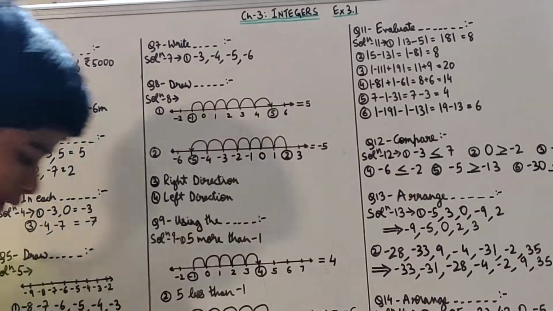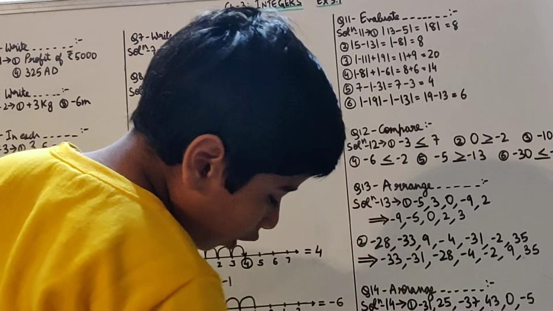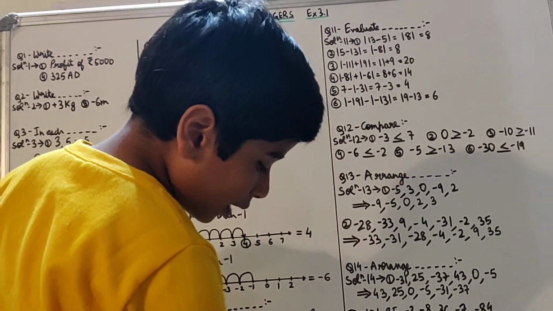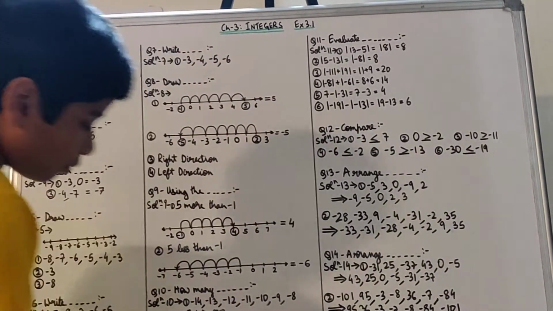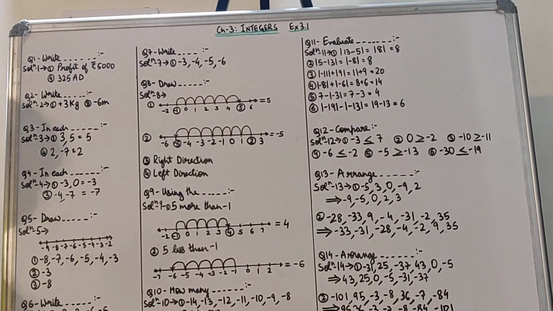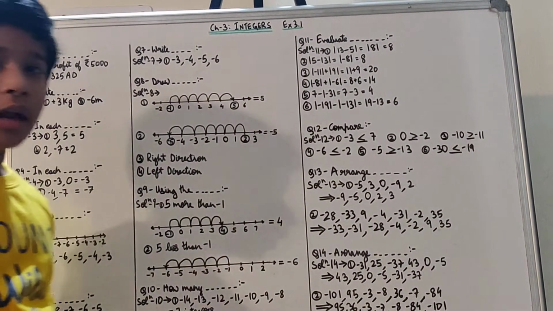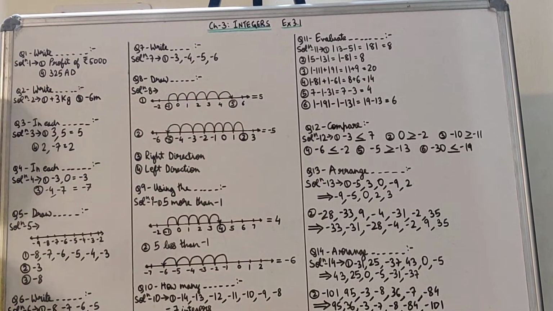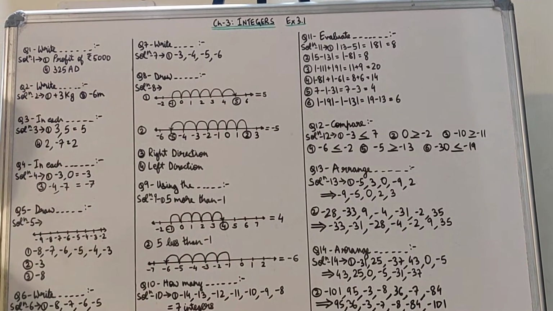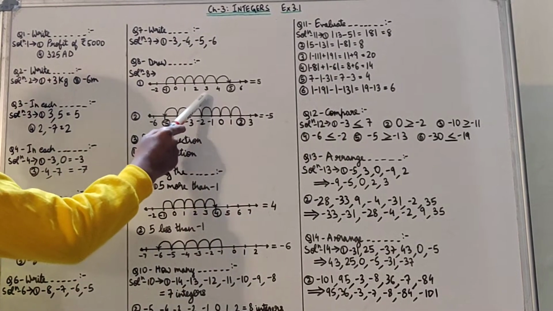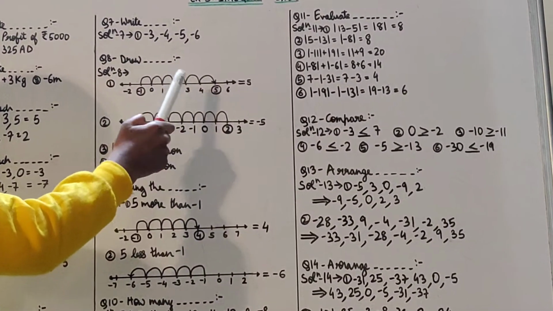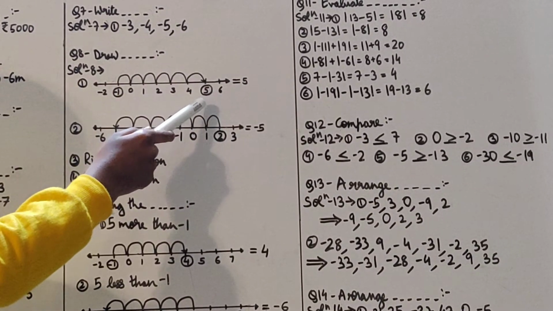Then question 3. In each of the following pairs, which number is to the right of the other on the number line? First is 3 and 5. Now I'll explain it over here. You can see that 5 comes towards the right.